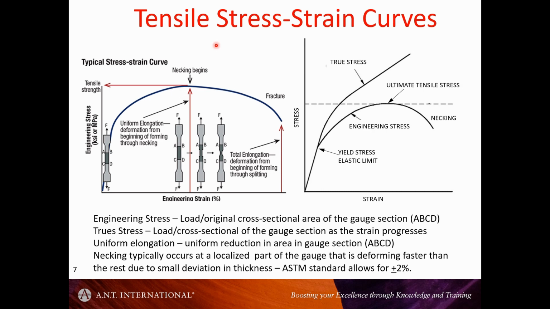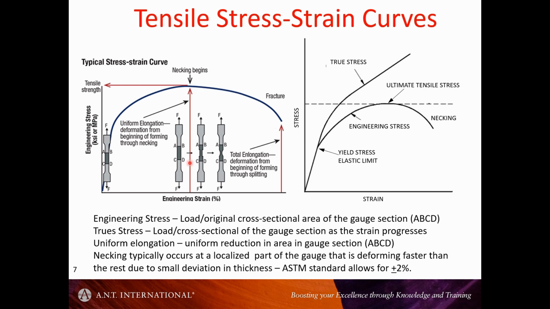At a certain point, somewhere along this gauge length, you will get some localized necking, and then it becomes a lot easier to deform, and you get a much larger strain for less stress. It's not that the material is becoming softened, it's just that the region where the deformation is occurring is a smaller and smaller volume, and eventually it'll fracture.